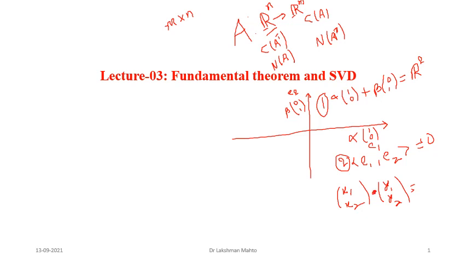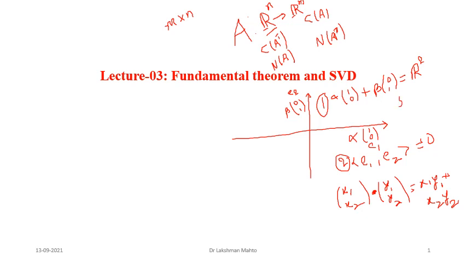So the dot product, simply you are finding x1 times y1 plus x2 times y2. So this is the dot product. Till now you had already observed why it is happening, because of these two basis elements 1 0 and 0 1, these two are the standard basis.